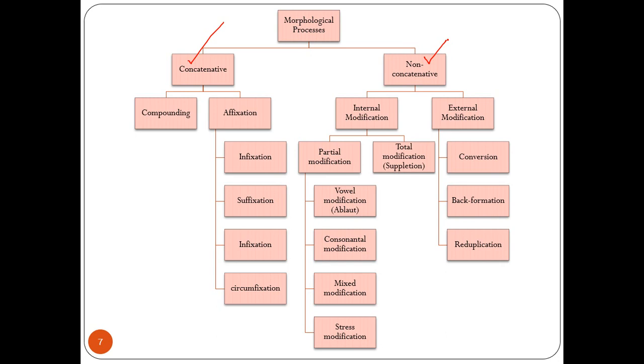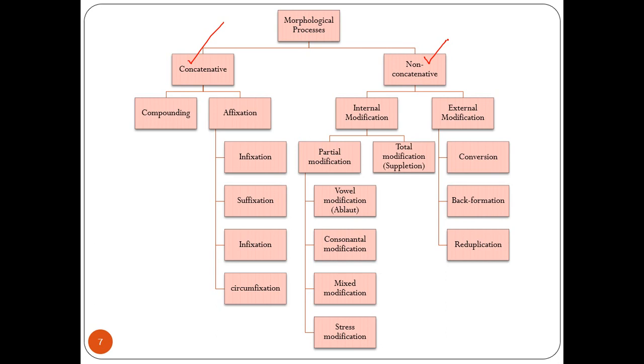So first we have the concatenative process. Compounding is a very common process, and you are quite familiar with it. For example, we have greenhouse, so we have green and house, an adjective plus a noun. Or classroom, two nouns, noun plus noun. This kind of process is known as the compounding process, which is also an additive process, and this is what we call a concatenative process.